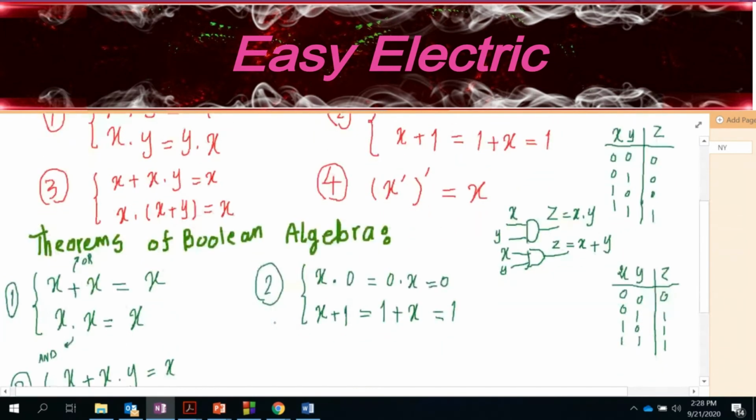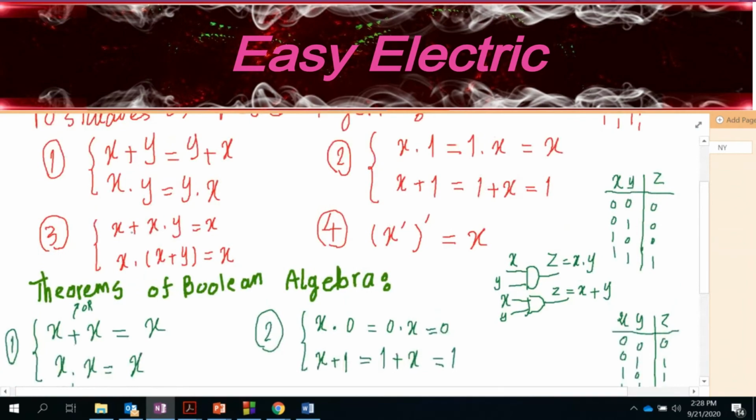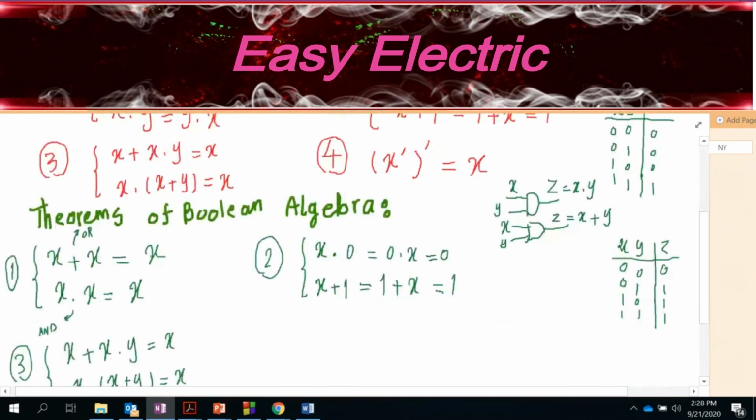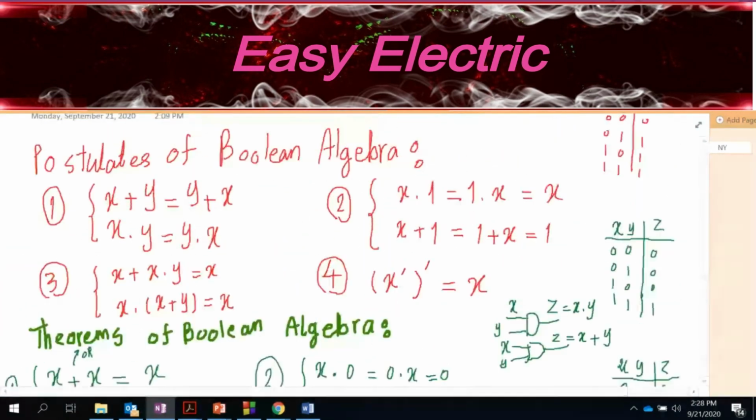Yeah, so see, I actually made a mistake. Whatever you have here as number 3 is exactly the same thing. Somehow I mixed these two. So as a third one, this is a theorem, not a postulate. So let me fix that. Number 3 for the theorem should be this.